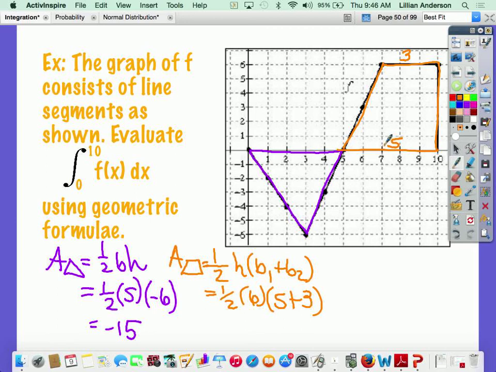So what's 1/2 of 6 times 5 plus 3? 24. So now that you have your two areas, you can subtract 15 from 24, or you could add 24 to -15. Either way, you get your answer of 9.